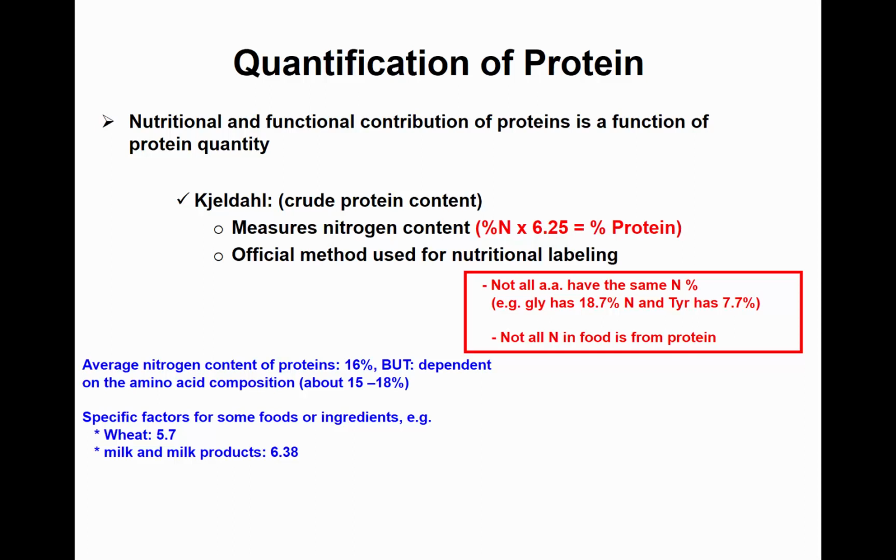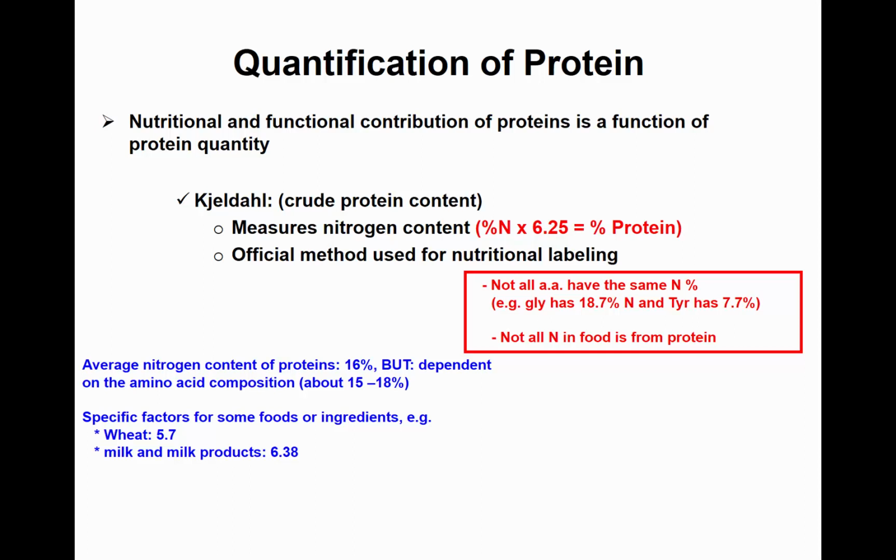Briefly, it's a method based on quantifying nitrogen. It is a series of chemical reactions that lead to identification of total nitrogen. Then you determine the total protein based on the percent nitrogen in each type of protein you're analyzing.